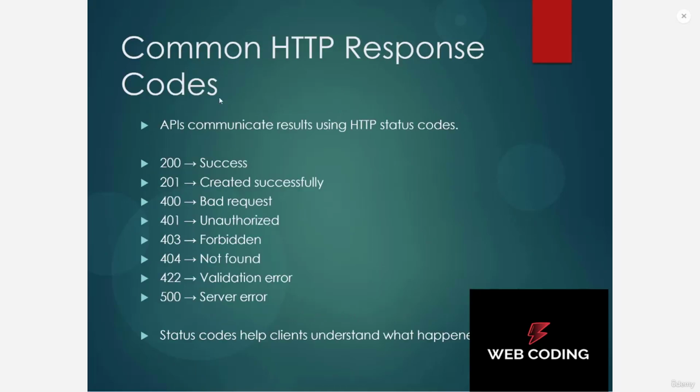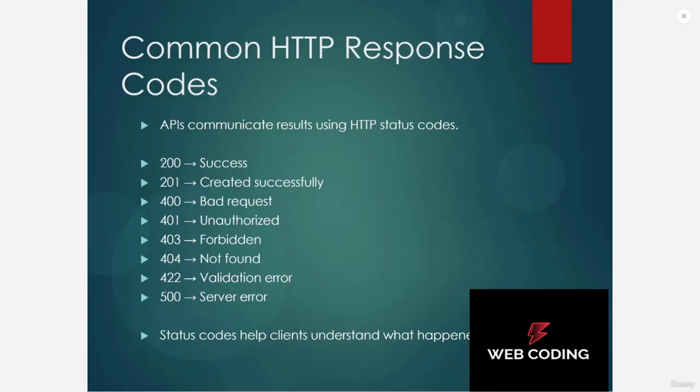All right, let's now get to an important part, which is the common HTTP response codes. APIs communicate results using HTTP status codes, and these are very important to let the front end developer know what's going on and how he can benefit from the response that comes in right after we process a request.